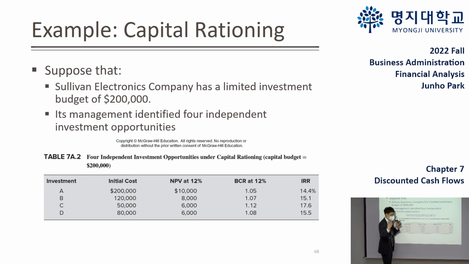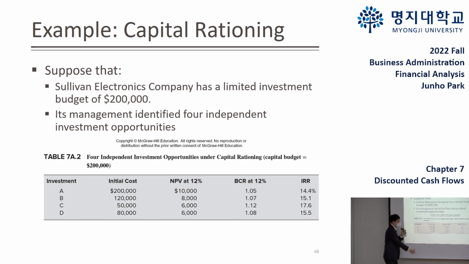Therefore, if we didn't know about the NPV, but we only had information about the BCR, then we should choose C first, and then with the remaining money, we have to choose D. However, it is wrong. As you can see, if we actually compare the NPVs, it is better to choose B first and then choose C or D as an additional project.